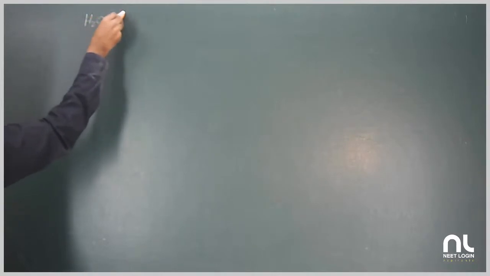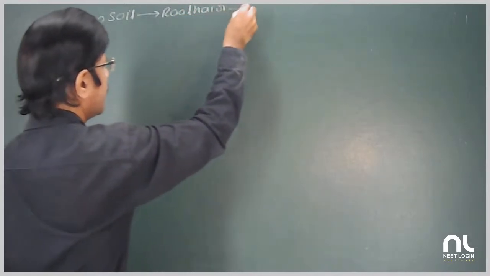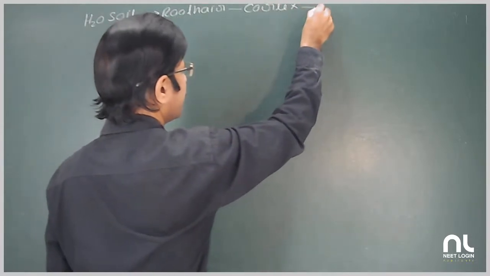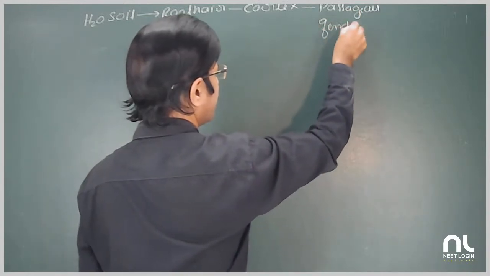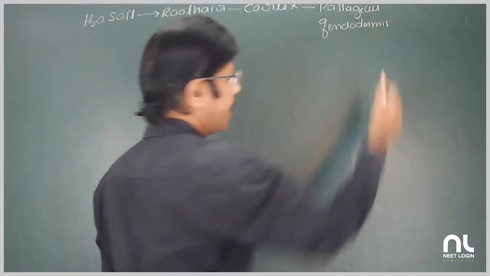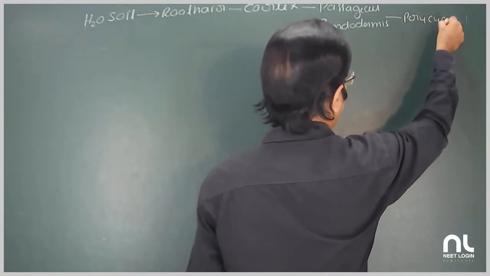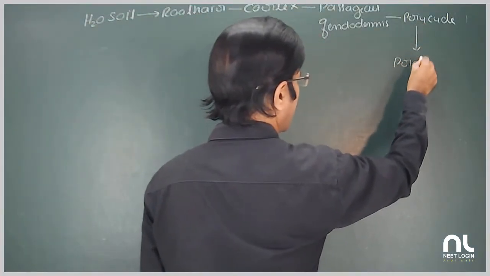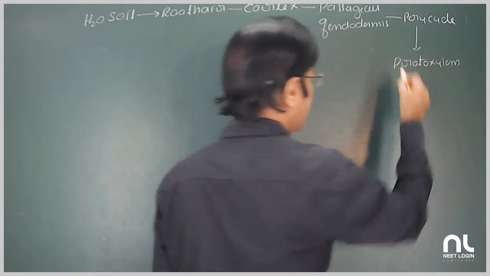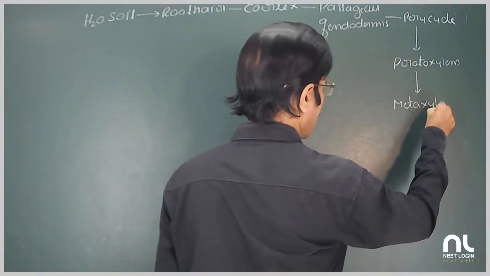So far you discussed water movement: water from soil to root hair, cortex, passage cell of endodermis, pericycle, protoxylem, metaxylem.